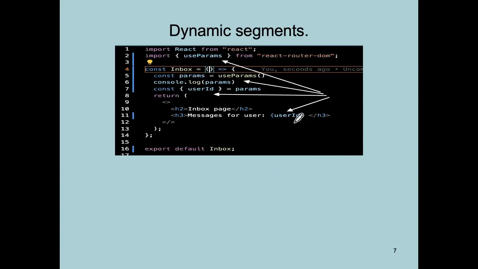There's a special hook made available by the React Router library, and it's the useParams hook. You can see me here in the code, I'm calling the useParams hook. It doesn't take any argument.